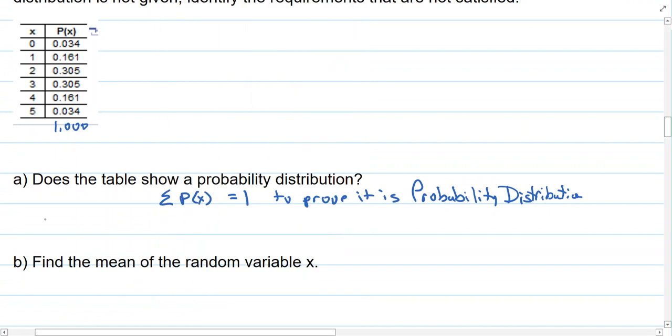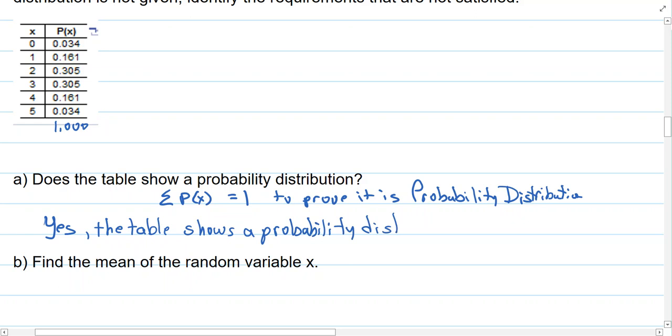So I can safely say yes, the table shows a probability distribution. The sum of the P of X is 1. That's our first step.